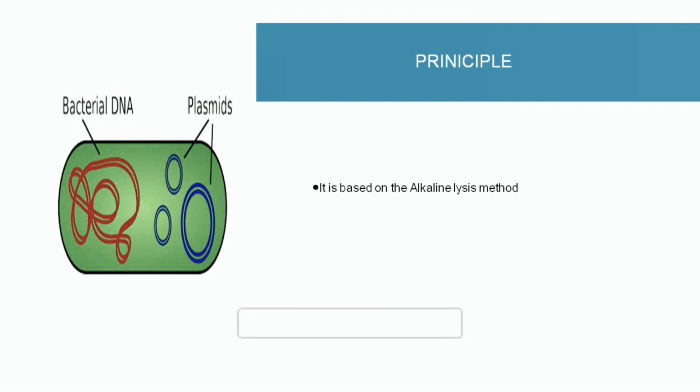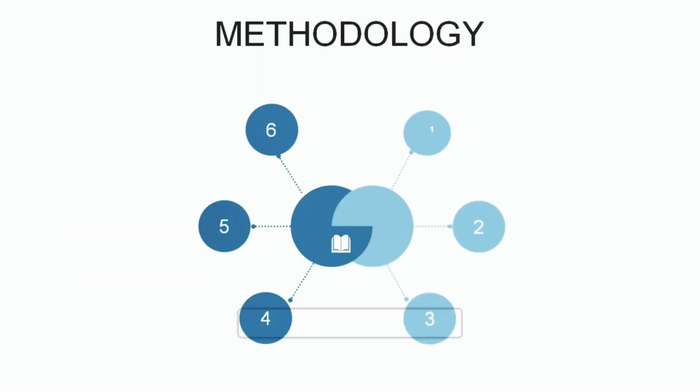The cellular DNA becomes linearized and the strands are separated, whereas the plasmid DNA is circular and remains topologically constrained. That means the two strands, although denatured, remain together. A neutralization buffer of potassium acetate is added to neutralize the strong alkali conditions.